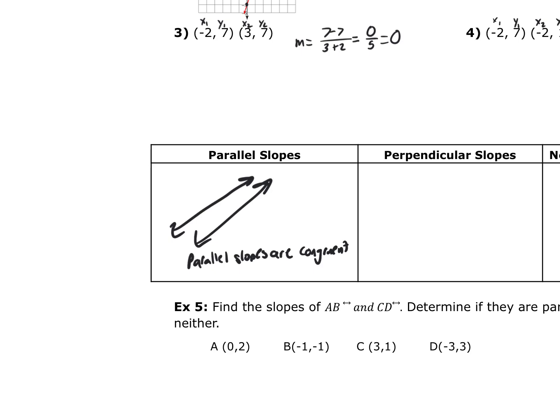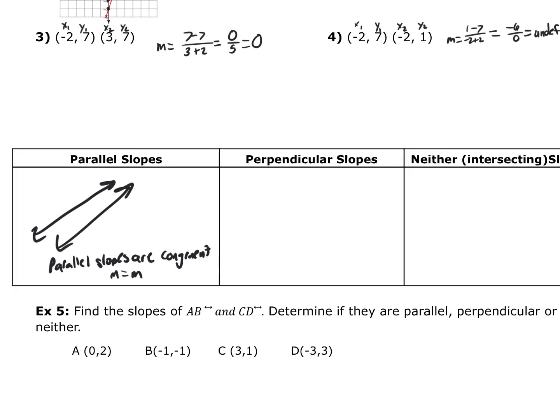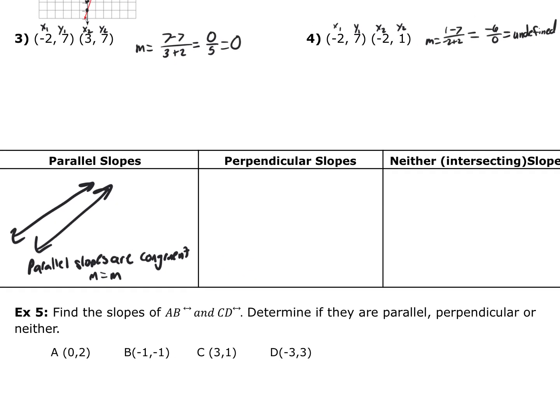M is equal to M every time. So no matter what our parallel lines look like, if they're parallel, the slopes will be the same. Perpendicular slopes, those lines do intersect, but they intersect in a very special way. They form a 90-degree angle when they intersect.